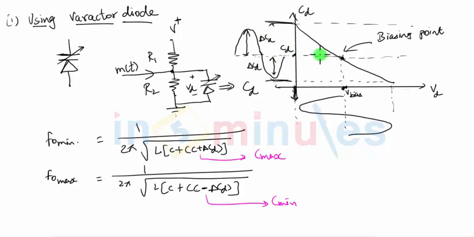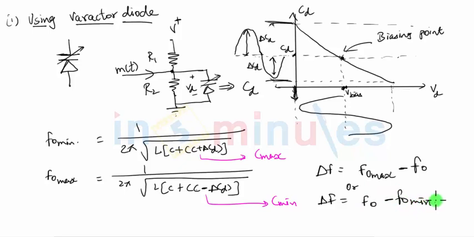In that case delta F, which is nothing but frequency deviation, will be given as F4 max, which is the maximum instantaneous frequency, minus F4, or it can be given as delta F equal to F4 minus F4 min. So that's my frequency deviation.